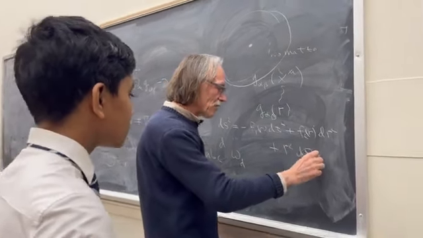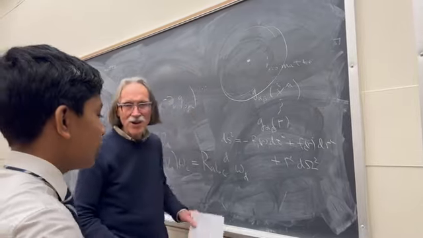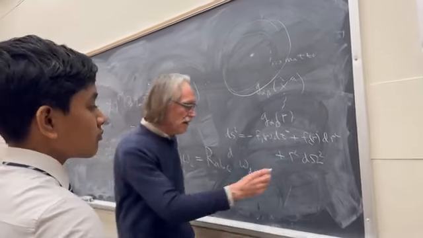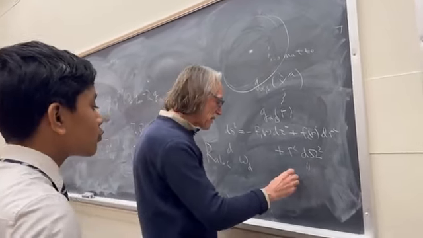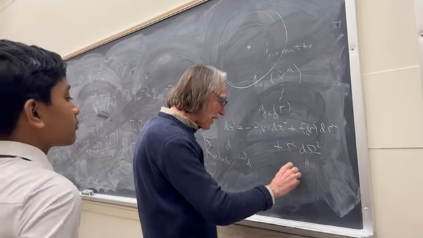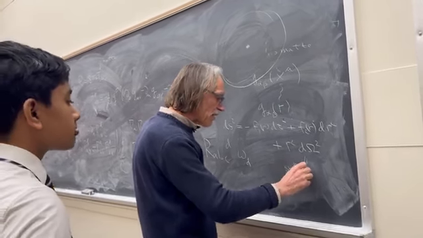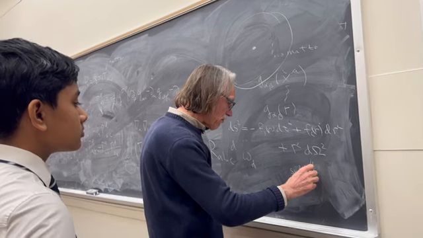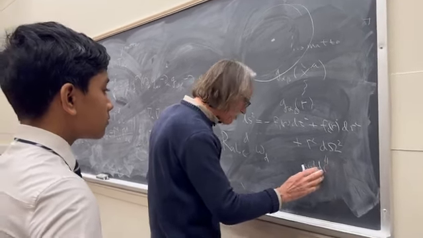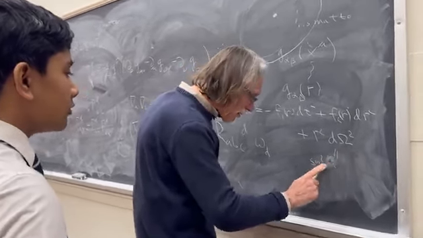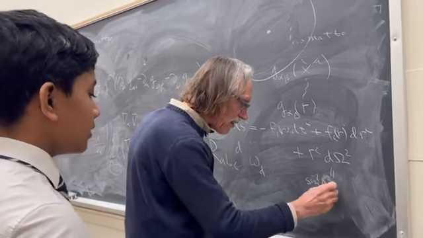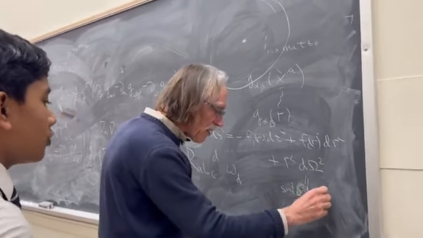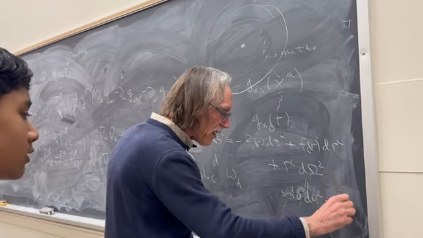You know what this notation means? d omega squared is equal to sine squared theta d phi squared plus d theta squared.